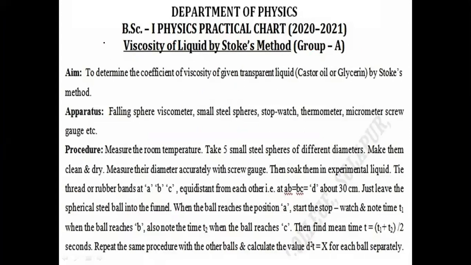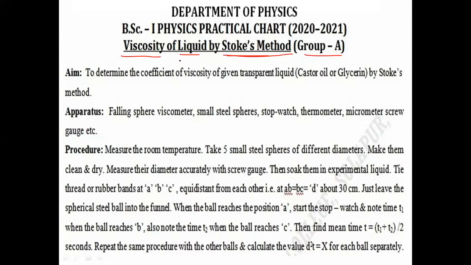So here is the second experiment from the same group, group A, that is viscosity of liquid by Stokes method. Here we have discussed two properties of liquid. The first one is surface tension, which you studied in detail last semester in paper 1, and the next experiment is viscosity of liquid by Stokes method. You studied Stokes method and viscosity in 11th standard, and also in the last semester in paper 1.